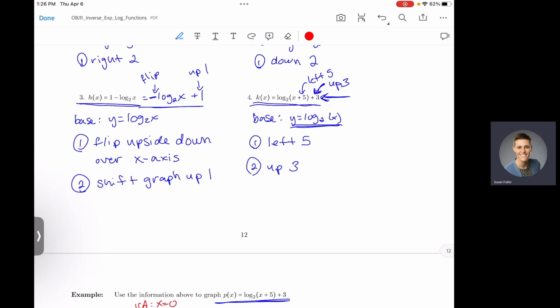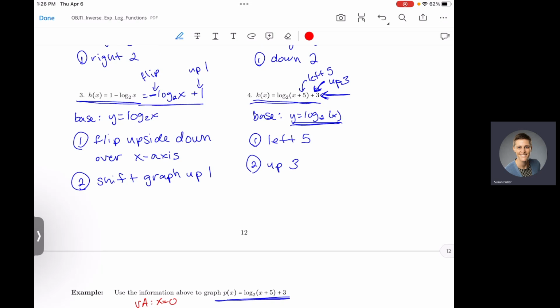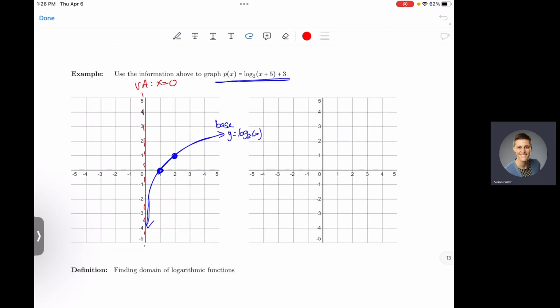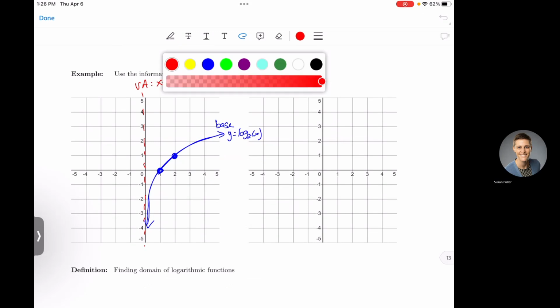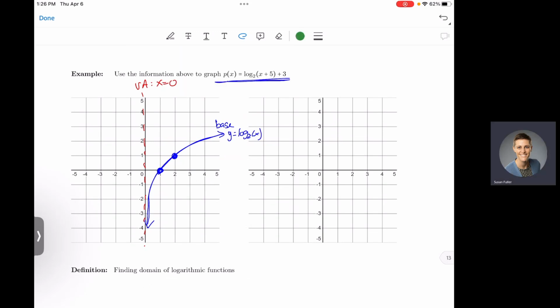And then I have to shift this thing to the left by 5 units first, and then we will go up. So the first thing that I'm going to do here is go to the left by 5 units. So I'm going to take each of these points and go left 5. So 1, 2, 3, 4, 5. And 1, 2, 3, 4, 5.